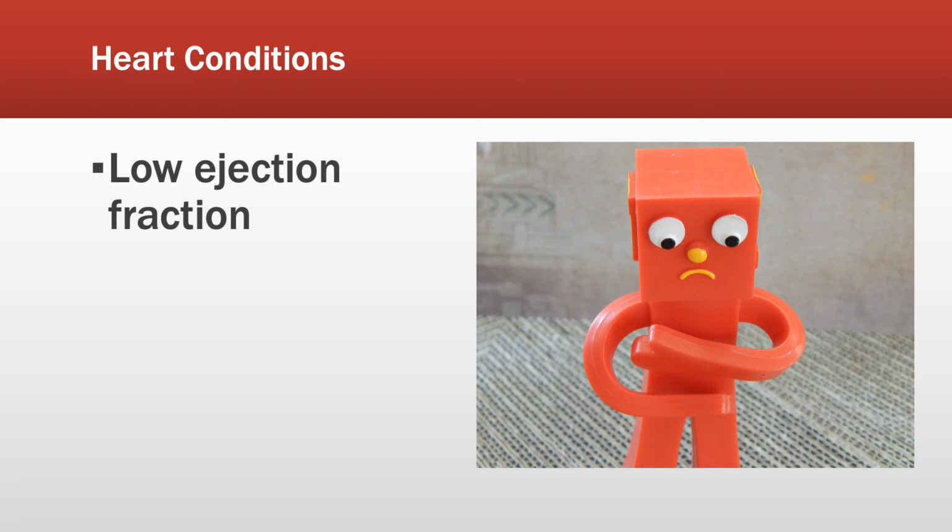Also known as EF, low ejection fraction is a term used to describe an ejection fraction of less than 55%. In other words, low EF means that less than 55% of the blood within the left ventricle is pushed out with each heartbeat.